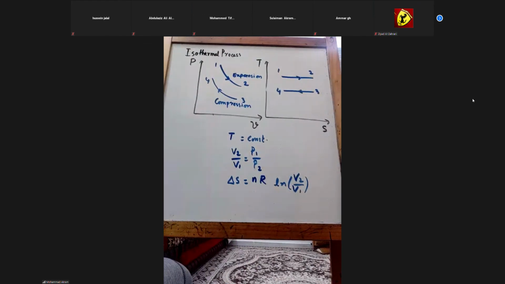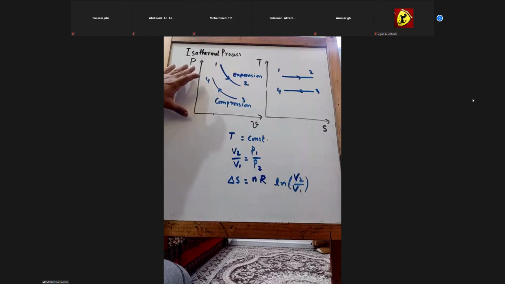Doctor, the natural log goes into delta S, not TS, right? Yes.